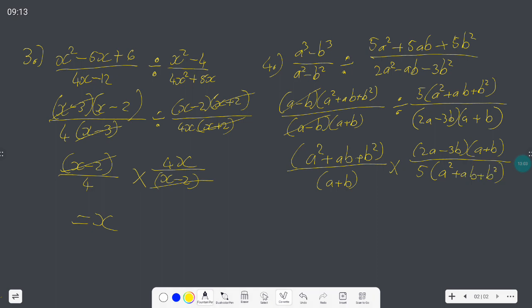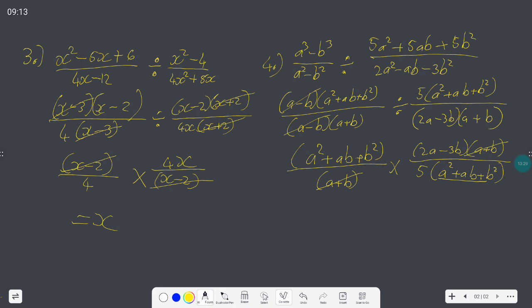Quick question. Why do we not factorize this part? It cannot factorize. No matter how hard you try, you will not be able to factorize that. So we leave it just as it is. Okay. Now let's see. Everything with the top must multiply. So a plus b here, a plus b there will cancel out.